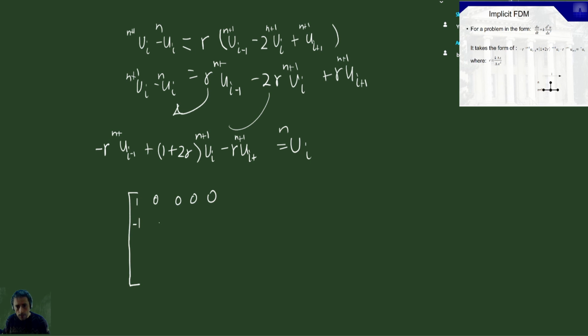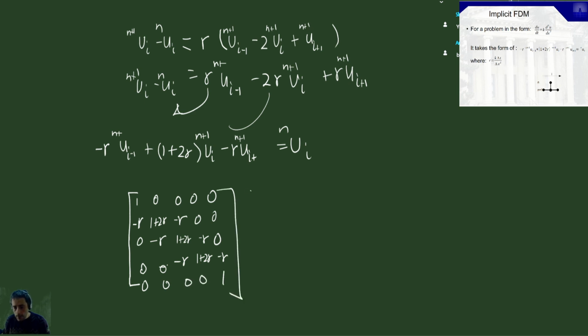And then we have minus r, 1 plus 2r, minus r, then 0, 0, minus r, 1 plus 2r, minus r, and 0, 0, 0, 0, 1, times u unknown, next, is equal to u previous. Okay.